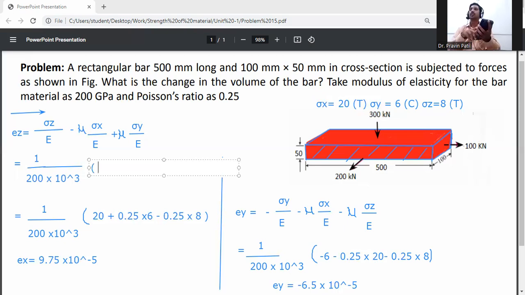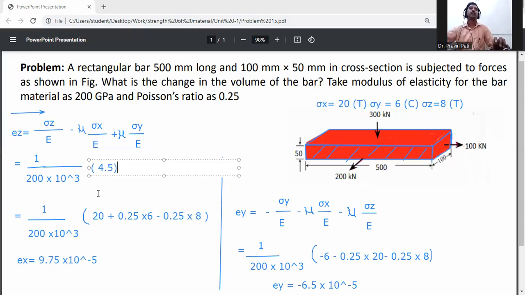Sigma z is 8 minus 0.25 mu into sigma x, which is 20, then plus 0.25 into sigma y, which is 6. It will be 4.5. Okay, 4.5.